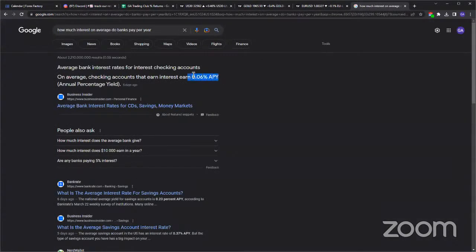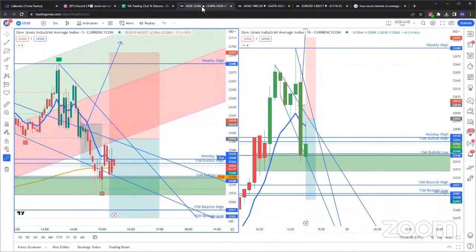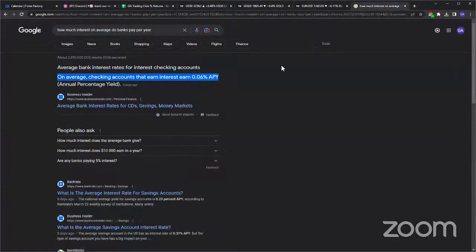Look at that. Per year, if you take your money to a bank, look at the return you'll get. In just 1 day, we didn't over leverage, we followed our strategies to the T, and we made more than you could have made by taking your money to the bank.